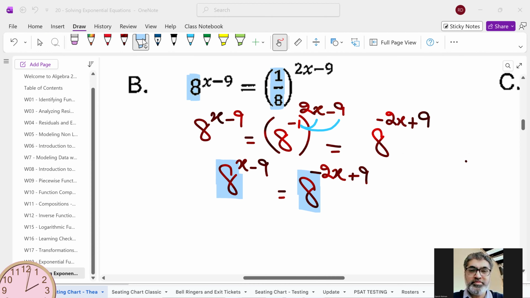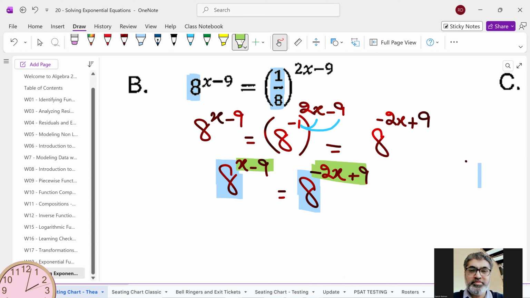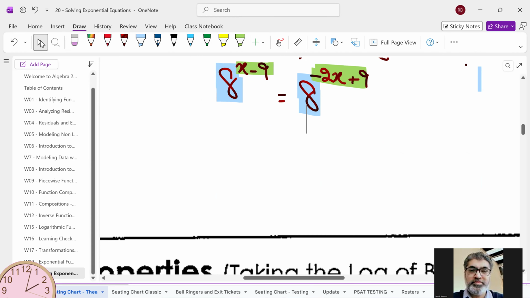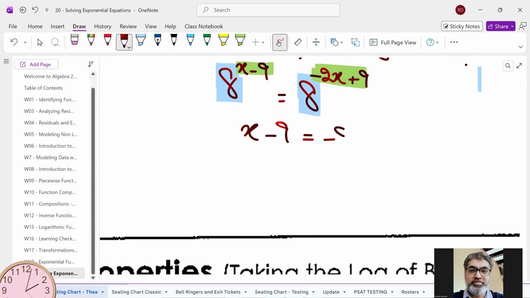This thing and this thing can be equated. We can equate these two things. The exponents will be equated, and that will become x minus 9 equals negative 2x plus 9.